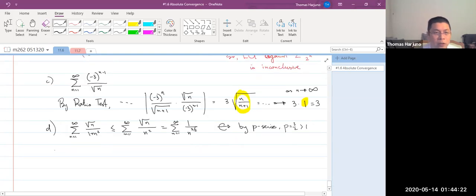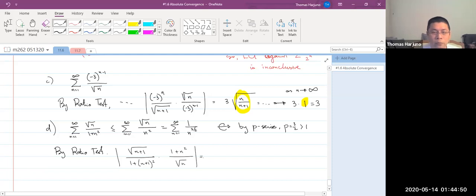Now, if we use ratio test, will that be inconclusive? If I use ratio test, I will get square root of n plus 1 over 1 plus n squared times 1 plus n squared over square root of n.